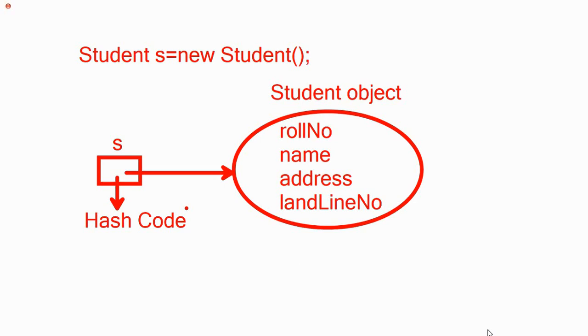It is a superclass object. It is a superclass object. Okay. Student is equal to new student. Memory allocated: roll number, name, address, landline number. These 4 variables only are allocated.